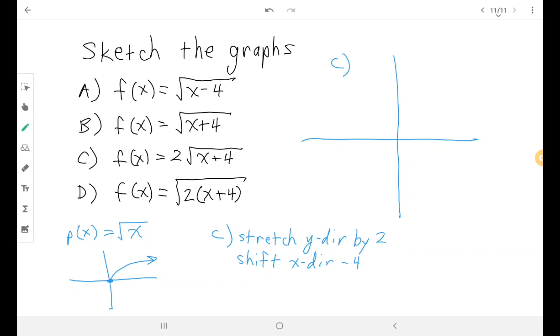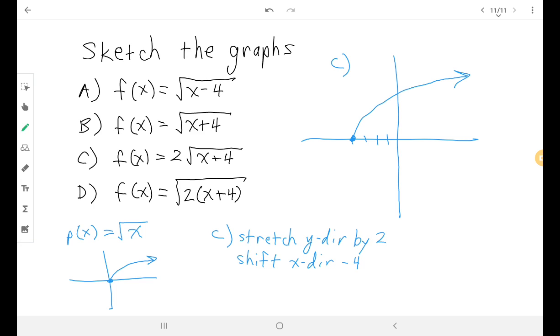And the reason this is difficult to visualize is because, okay, so we can do the shift in the x direction easily. Just shifts by negative 4. So its endpoint shifts. That doesn't change anything. But now, if I stretch it vertically by a factor of 2, imagine taking that and stretching it up, which means it's got to climb higher, faster, and go up faster in general, twice as fast, right?